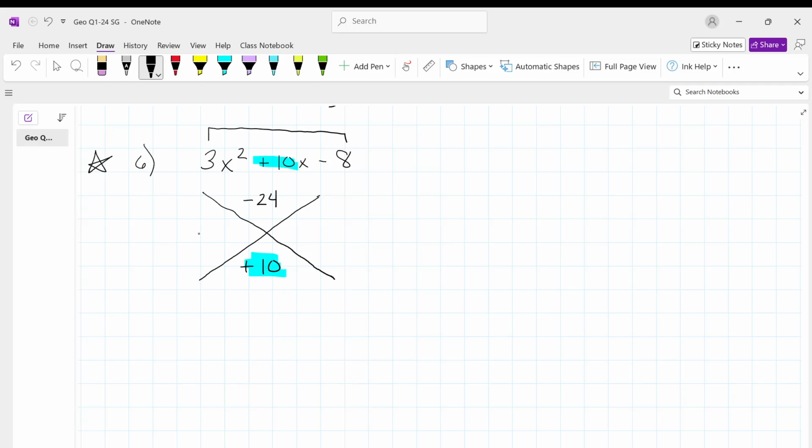Now, we're looking for factors that multiply to negative 24 and add to positive 10, but they're factors of 24.